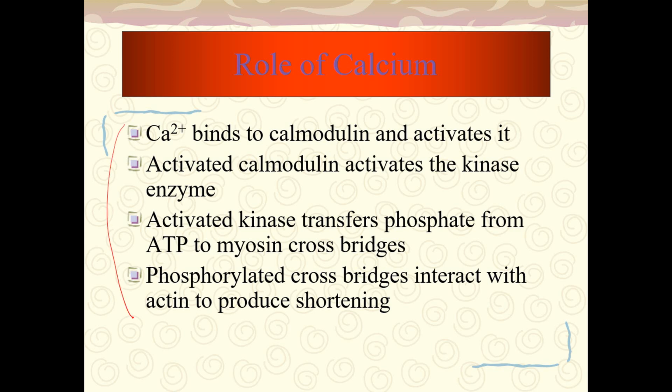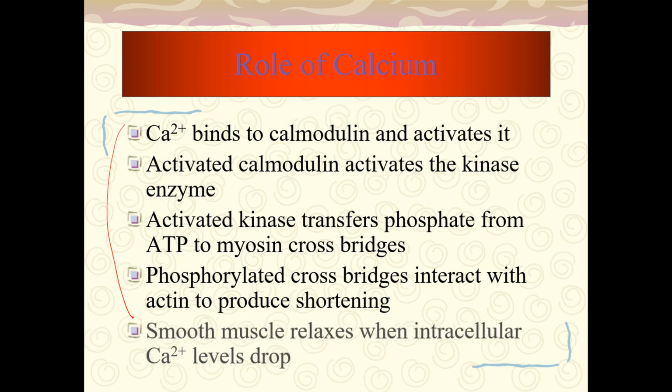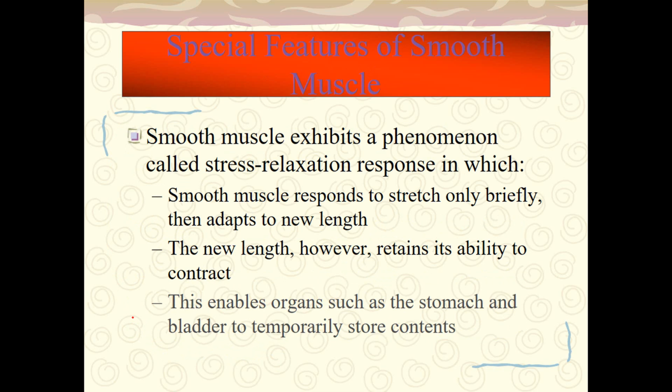All right, last thing with smooth muscle is going to be how it responds to stretching. Before I go over this, let me just say, why does stretching help with skeletal muscle? Because skeletal muscle's first response to stretching is it contracts, and it will eventually adapt to that new length over time.